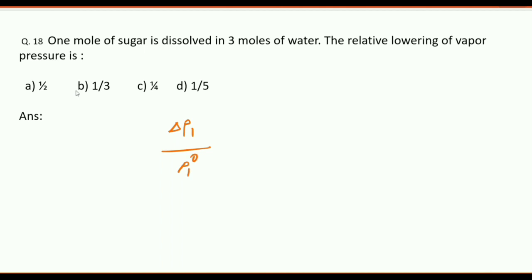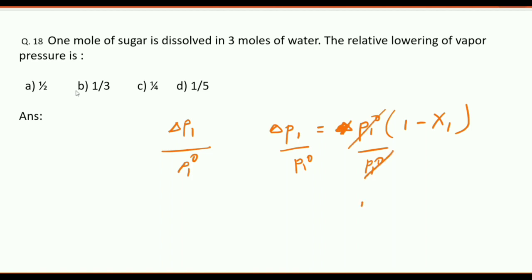So what is delta P1? Delta P1 is P1 0 into 1 minus chi1. Chi1 is mole fraction. So delta P1 means P1 0 into 1 minus chi1, divided by P1 0, will give you relative lowering of vapor pressure. So this is cancelled.